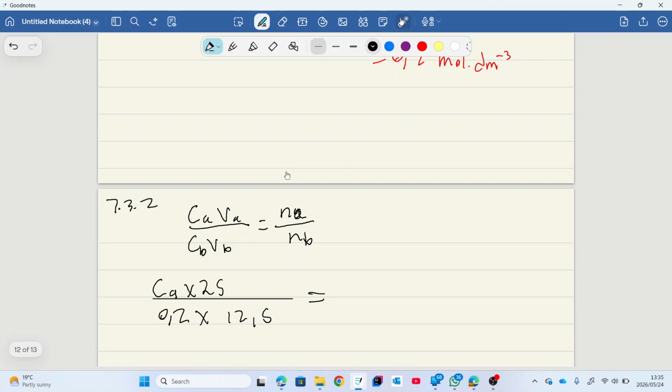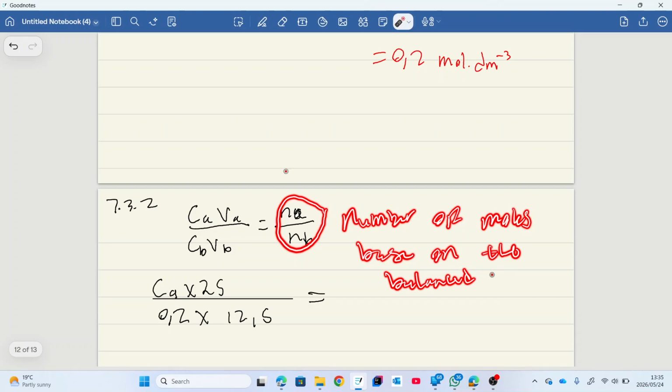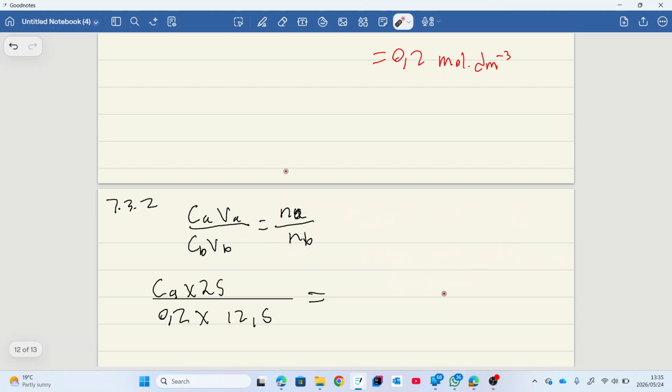These are the number of moles based on the balanced equation. Right?